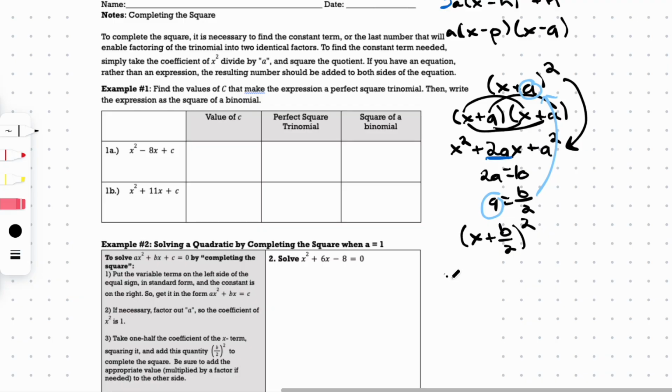So I'm going to say x squared plus 2 times b over 2, which is just b, x plus b over 2 squared.